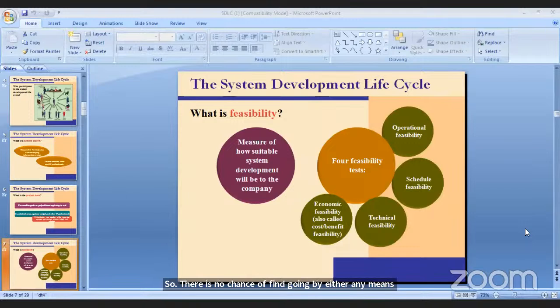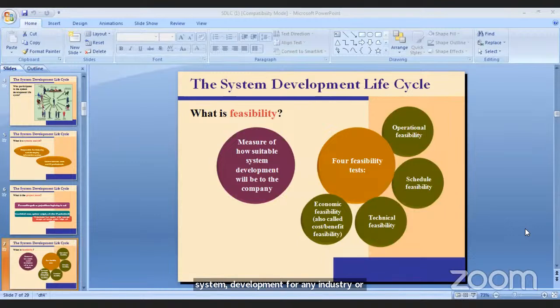Why will I go for requirement analysis, the coding, the design? I know it's a failure. So feasibility study is essentially required and is the first step of every new system development for any industry or organization or firm.